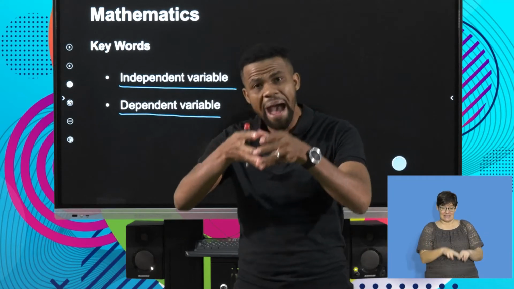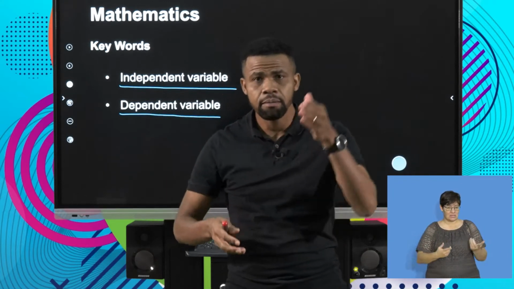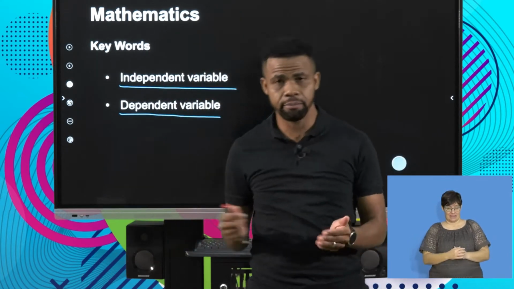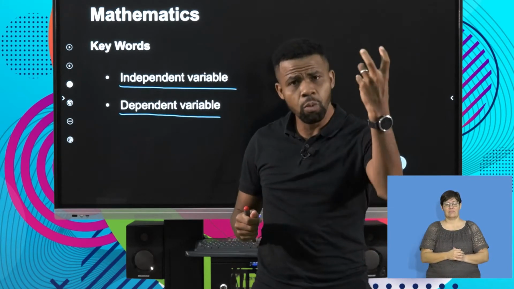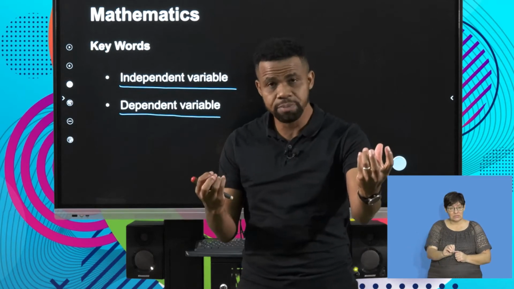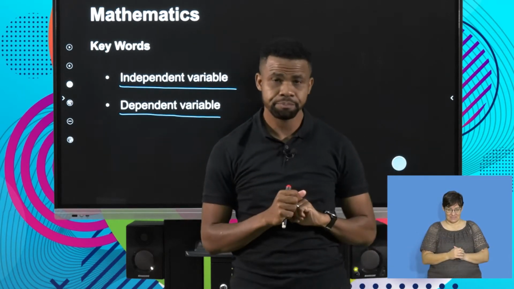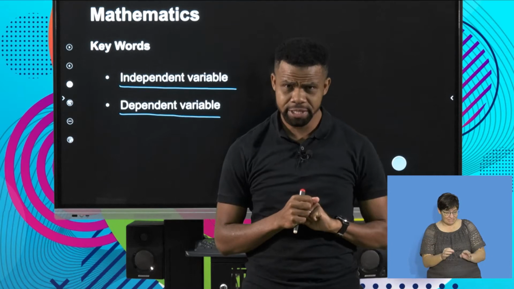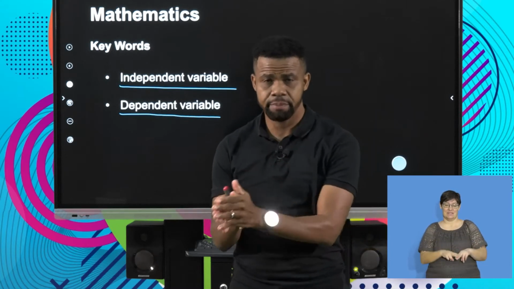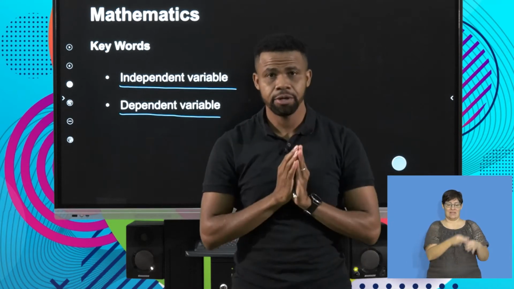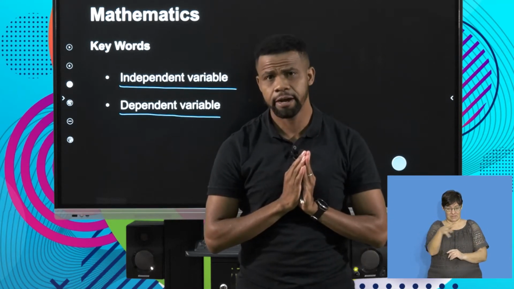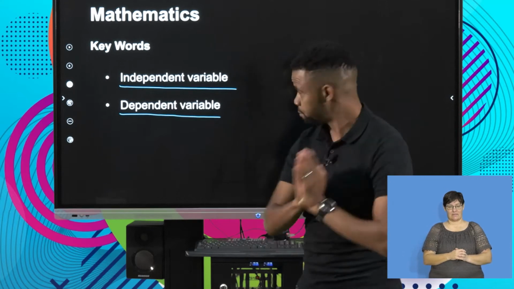The dependent variable depends on the other variable, so that will be the y. And to get that y, my input must be the independent variable. Hope it makes sense, guys. Our independent and dependent variable is just my x and my y value on the Cartesian plane. Okay? Fantastic. Beautiful.